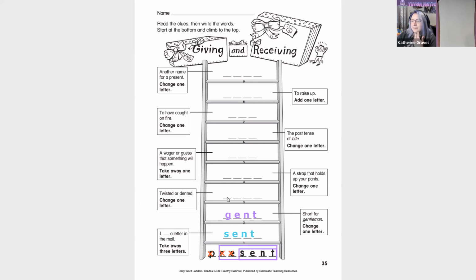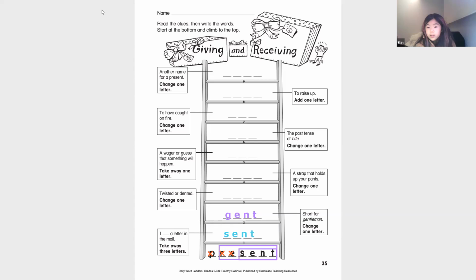Let's think about it. If something is twisted or not straight, right? It could also be... I have my fingers all together to make like a little knife hand. My hand is straight, but now it is bent. A word that sounds like gent. Change one of the letters.